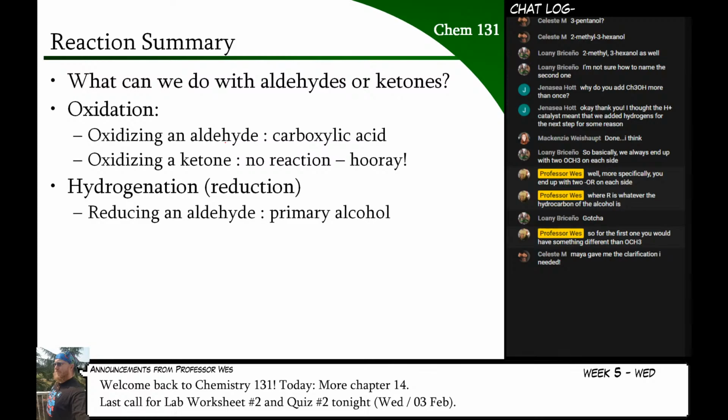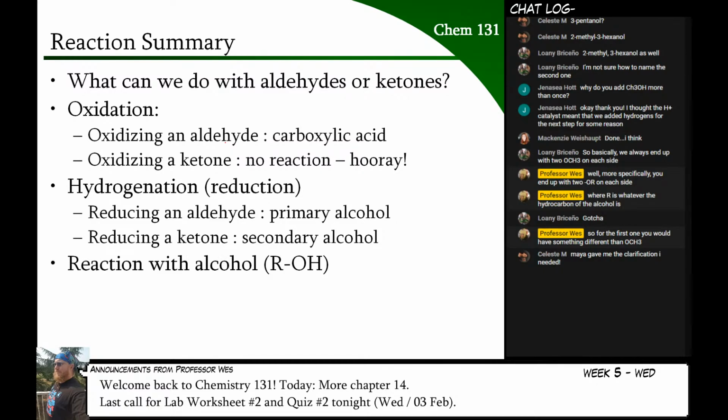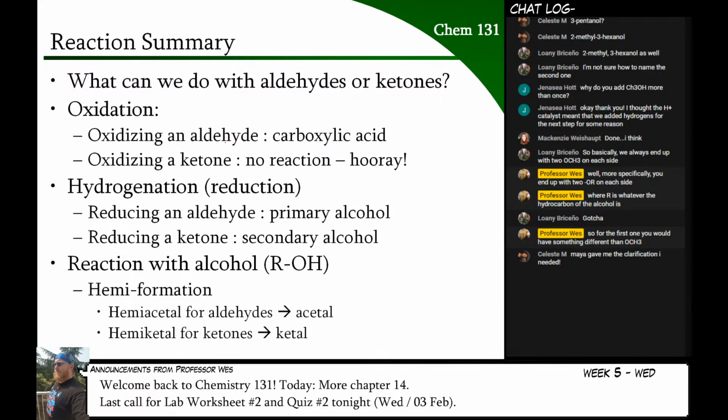So if you take your aldehyde and reduce it with H2, you get a primary alcohol. If you do it with a ketone, you get a secondary alcohol. And if we use alcohols as reactants, we can get hemiacetals and acetals if we start with an aldehyde. And we can get hemiketals and ketals if we start with a ketone.